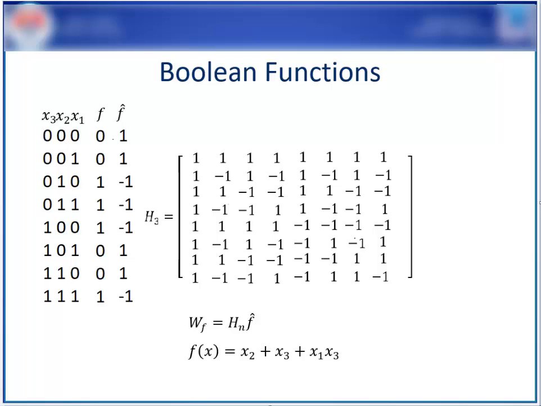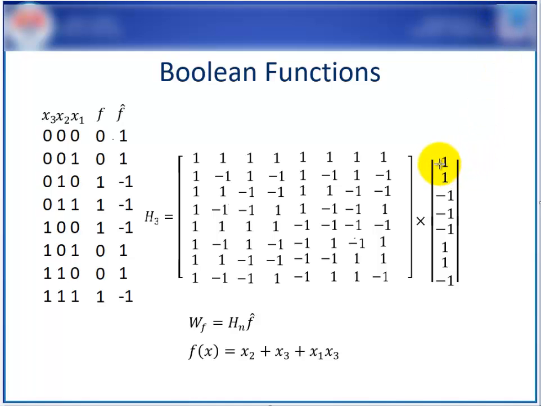To calculate the Walsh-Hadamard transform, we are going to multiply this matrix with the polar form of the truth table. However, this time, unlike the calculation of the algebraic normal form, we are going to do all the calculations over real numbers. That is, we are not going to take the modulo 2.